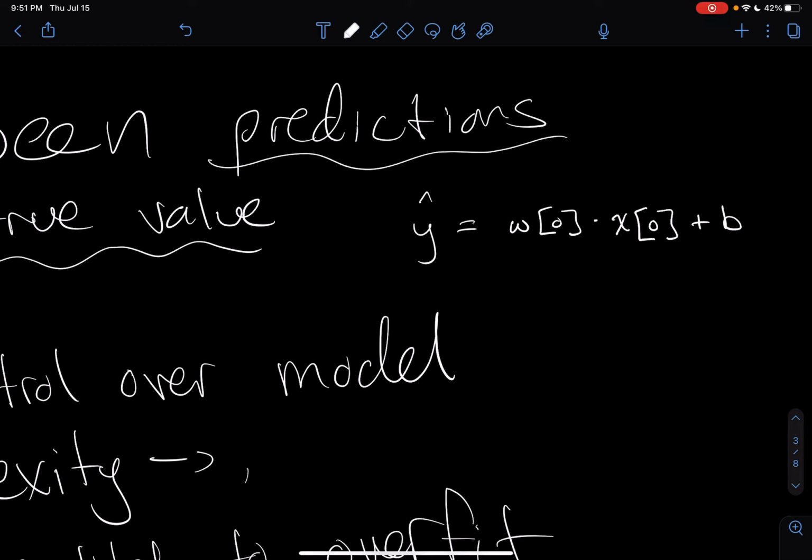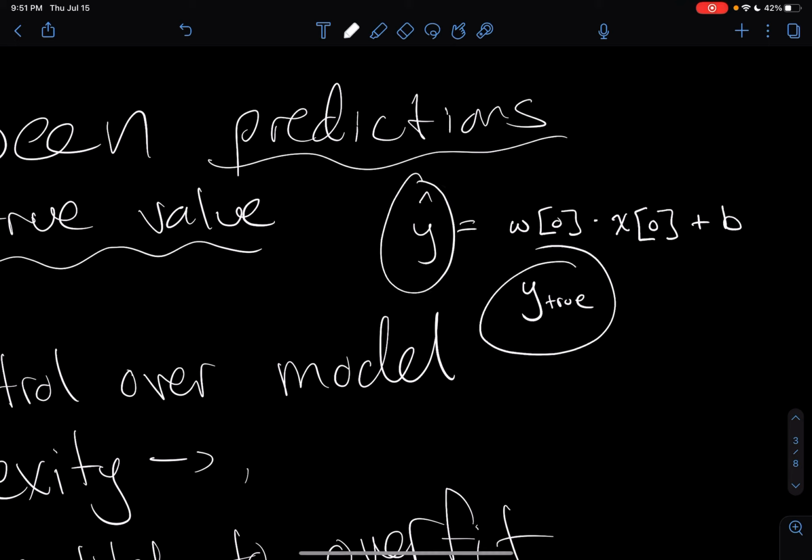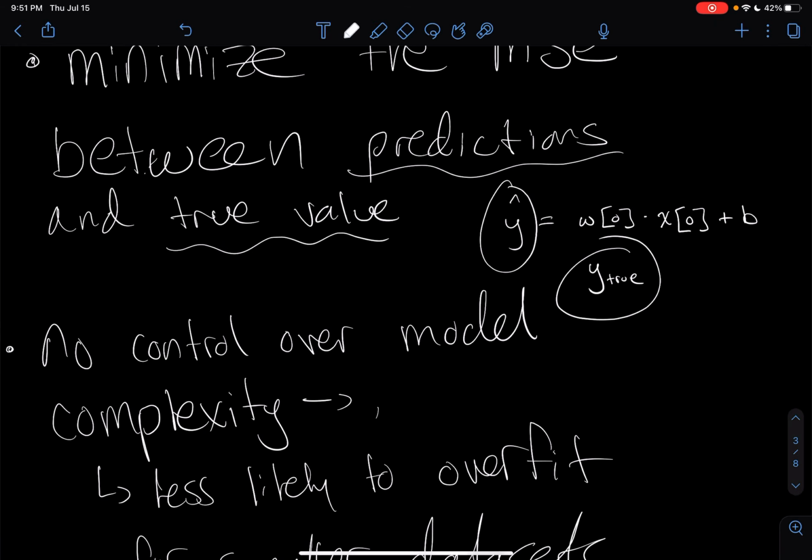Okay, this is going to give us a prediction value. Remember that. There is a true value, we'll call it Y true, that is just the ground truth. It's a value associated with our input data points, right? We compare the prediction with that Y true value, and again, that's how we get our mean squared error.